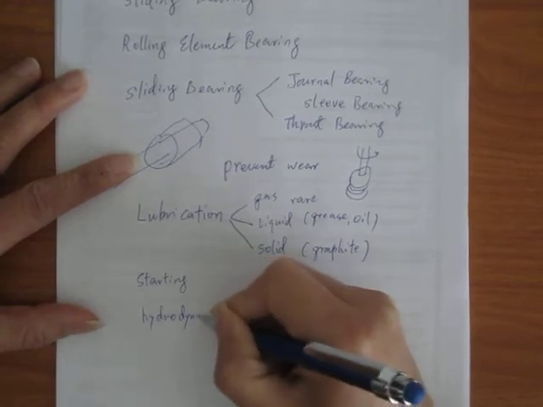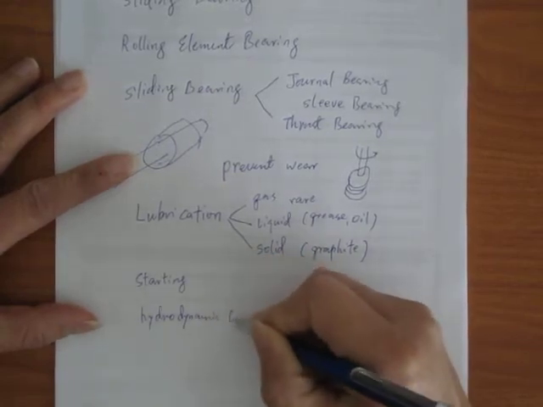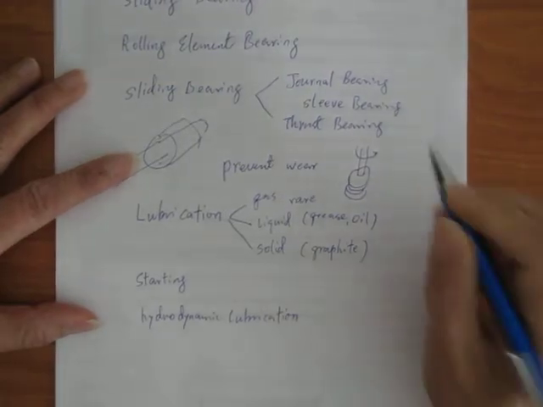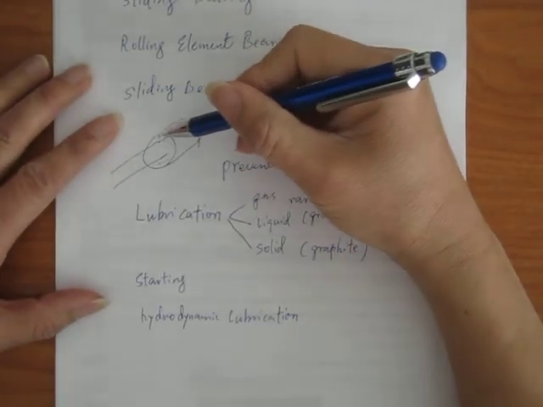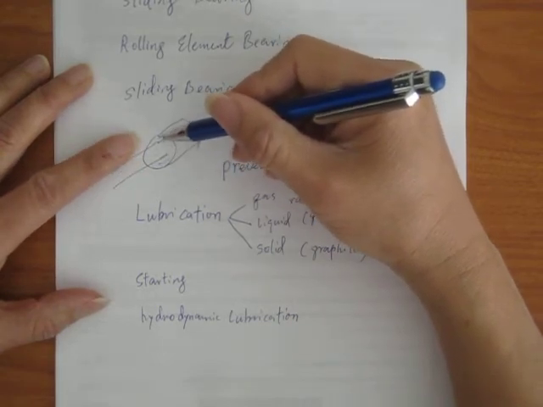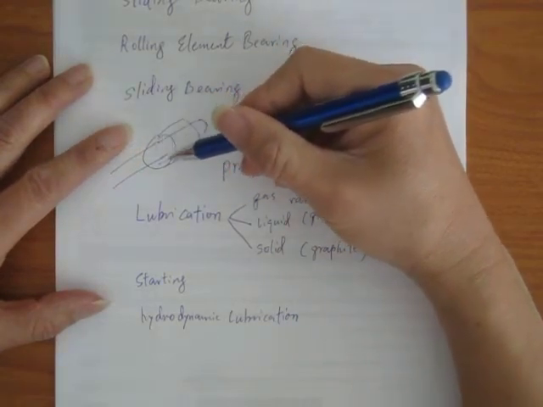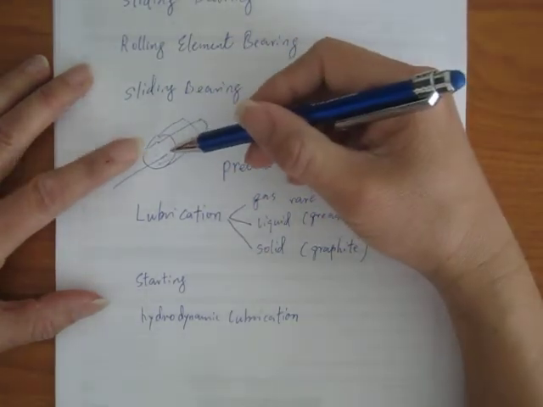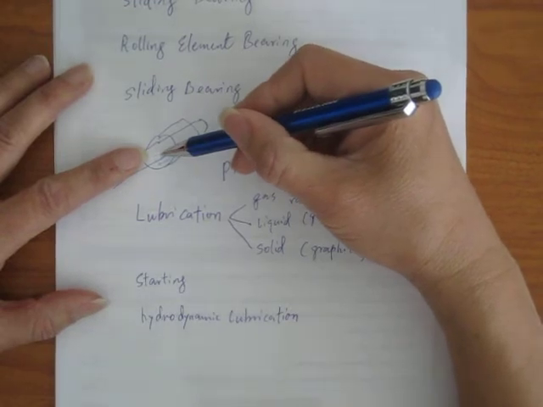Hydrodynamic lubrication makes a perfect situation where you have a gap between the shaft and the sleeve covered with lubrication. This situation will not be achieved when it is at rest.